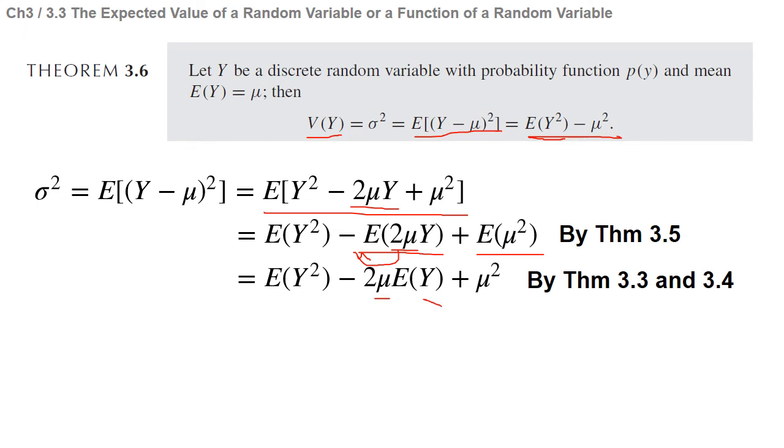And from here, the expected value of Y is mu, so this can be expressed as E(Y squared) minus mu squared.